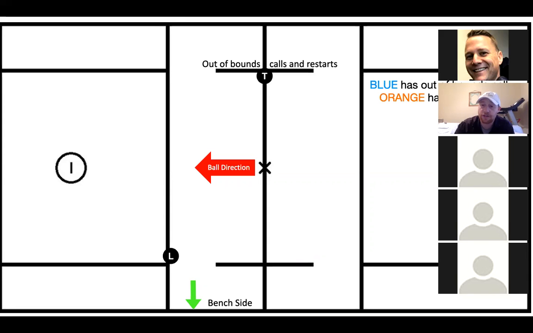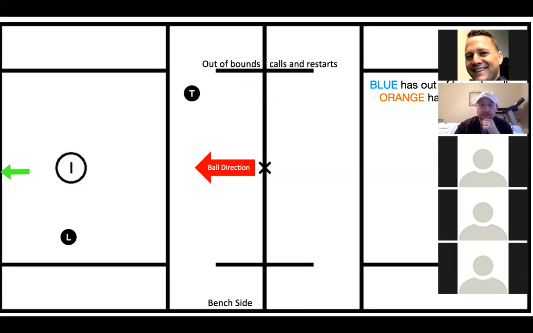So in this situation, this is still kind of the Bermuda Triangle. The lead is going to have the out of bounds call and the trail is going to have the restart. Let the lead blow this out of bounds, pull it in, and then get down, and let the trail restart it. On this side of the field, remember our sideline responsibilities. Lead's going to call it, pull it in away from the sideline, trail's going to restart it.